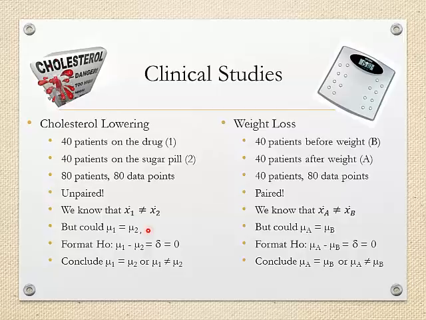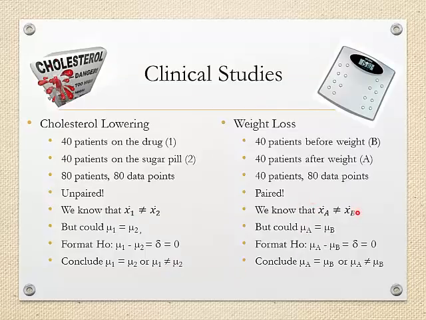So if we want to test this, we're going to use that null hypothesis that we talked about: mu1 minus mu2 equals delta, and in this case we're going to set delta equal to 0. So we're just looking to see if they're different or not. From this test we're going to be able to conclude whether they're equal or not equal. At the same time, we could do a one-sided study, but I'm keeping this example to a two-sided study.